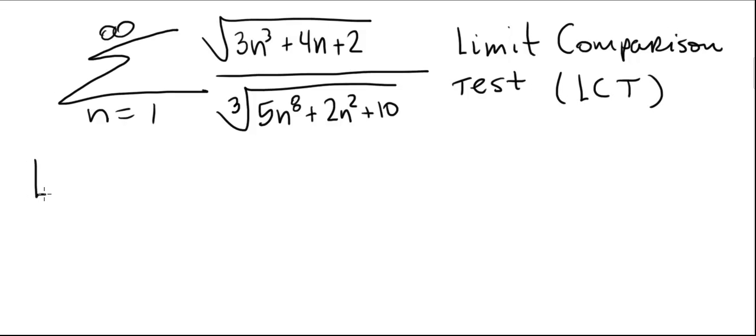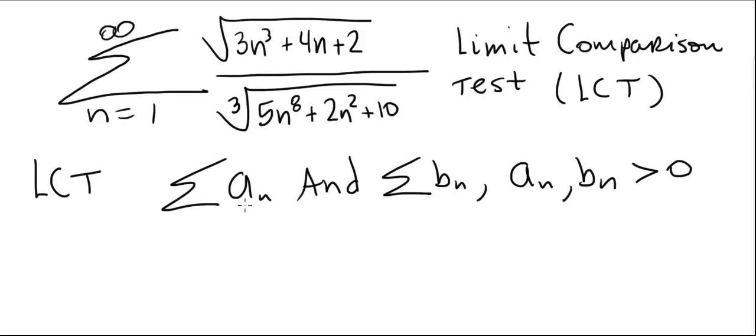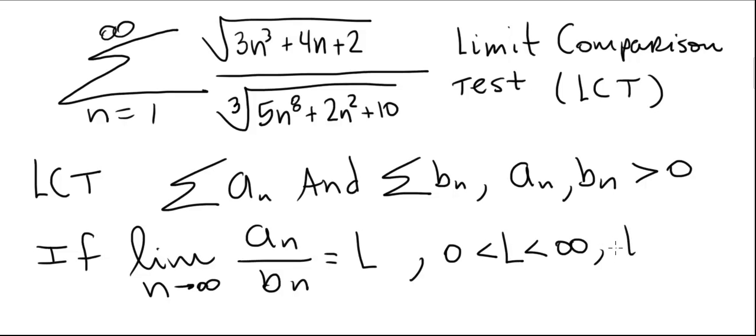So here's a brief overview of the limit comparison test. Suppose we have two series, one summation of a sub n and the other summation of b sub n, with the restriction that the an and bn terms are all positive, that is for all n. If we take the limit as n goes to infinity of an over bn, and that limit we computed is equal to L, and L is a positive number, can't be zero, and finite, then the following holds.